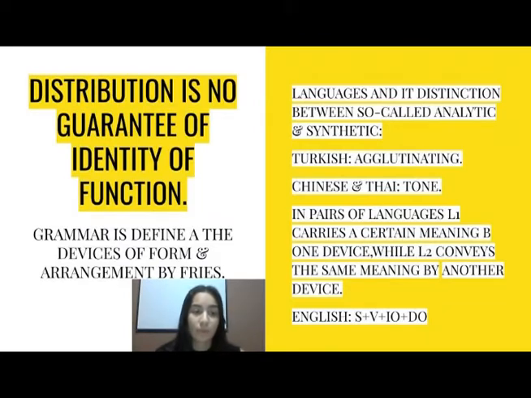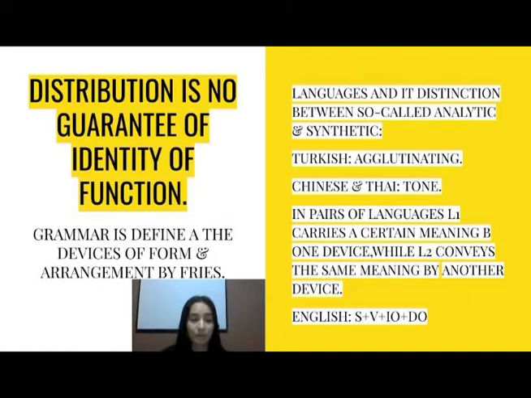We can say that identity of position or distribution is not a guarantee of identity of function, and the observation that we make on the basis of relative positions in the structure refers to the surface structure. Observations concerning the functional relations between constituents refer to a deep structure.